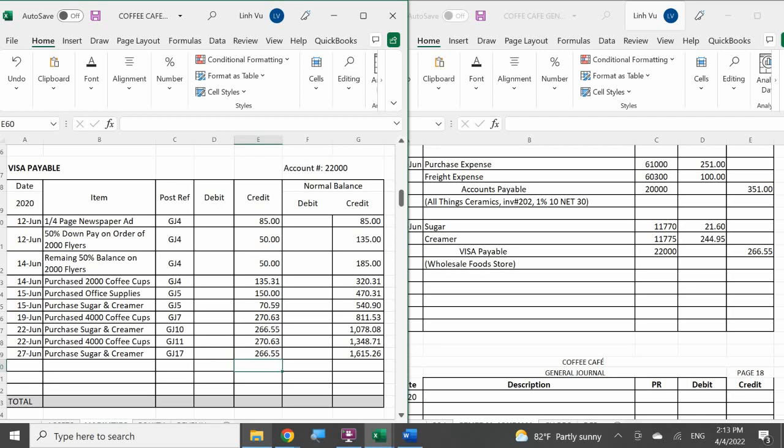So right now, as of June 27, I owe $1,615.26 on the Visa credit card. Okay.